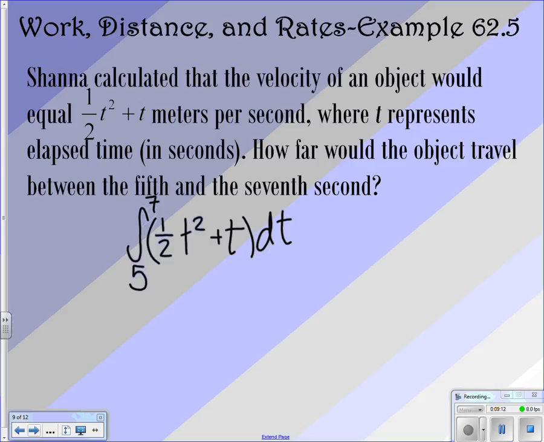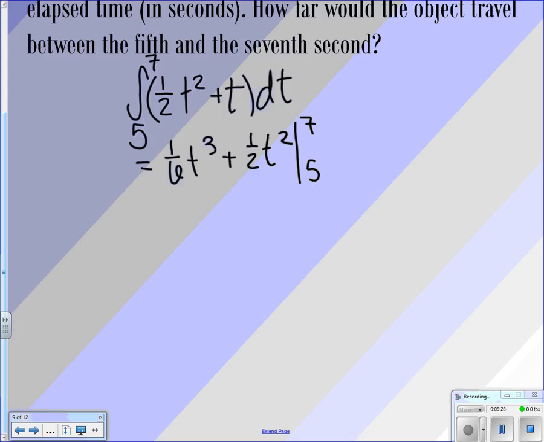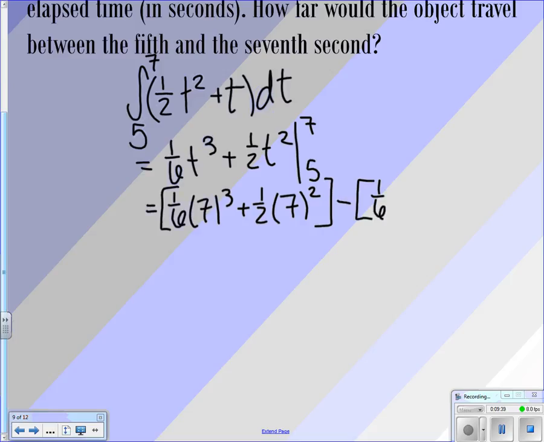If you integrate 1/2 t squared, you're going to have 1/6 t cubed, and then plus 1/2 t squared from 7 to 5. So 1/6 7 cubed plus 1/2 7 squared, and then minus 1/6 5 cubed plus 1/2 5 squared.